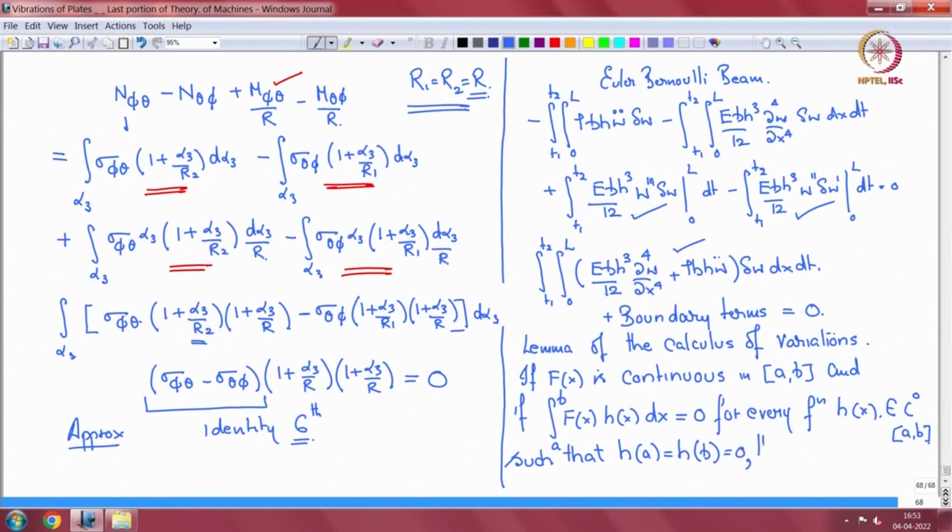Here is the key. Then f of x is 0 for all x belonging to A comma B.